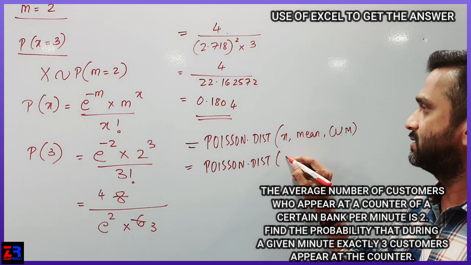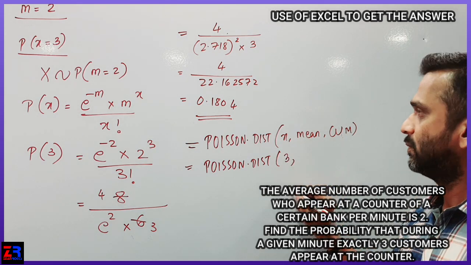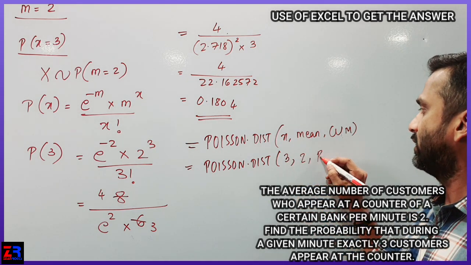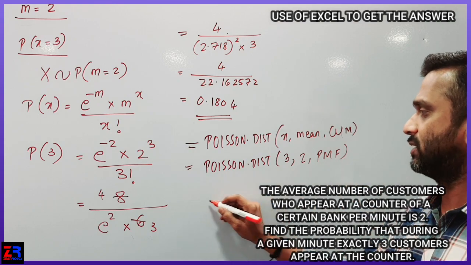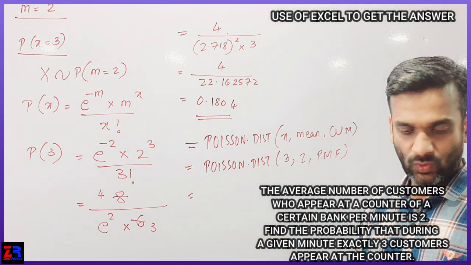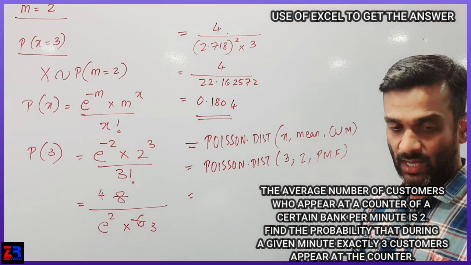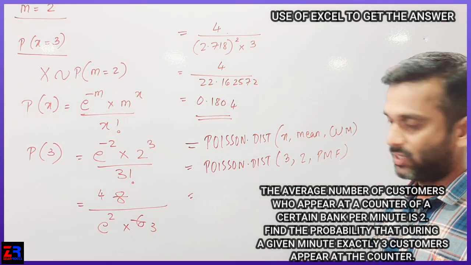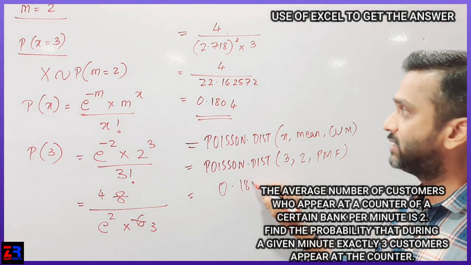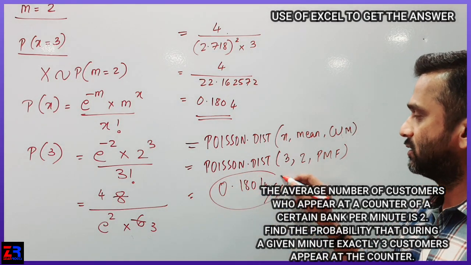The value of x is 3, mean is 2, and here you choose probability mass function and press enter. Your answer is 0.1804. Okay. So this is your answer.